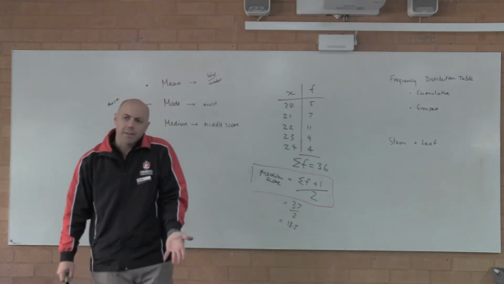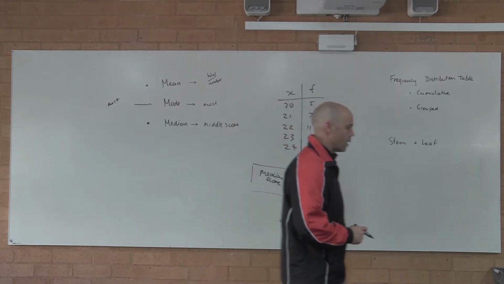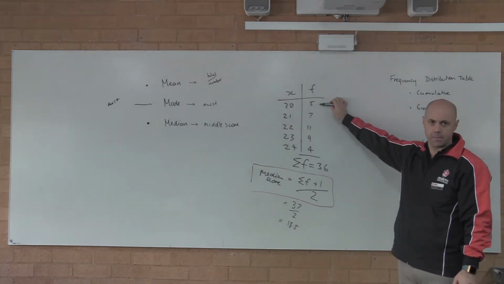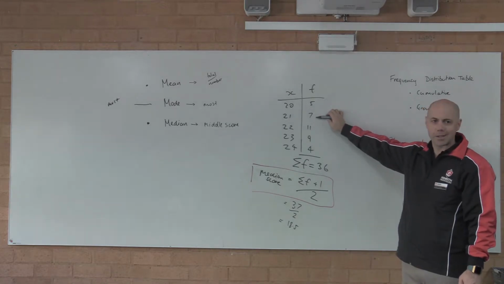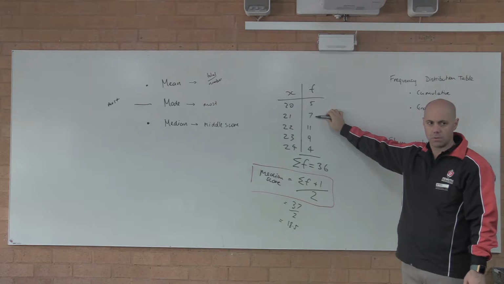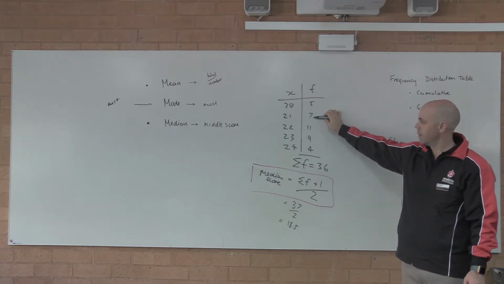But what is the 18th and the 19th score? Our 5 lowest scores are 20. Our next 7 lowest scores are 21. How many scores, therefore, are 21 or less? 12. Because you went 5 plus 7. All right.